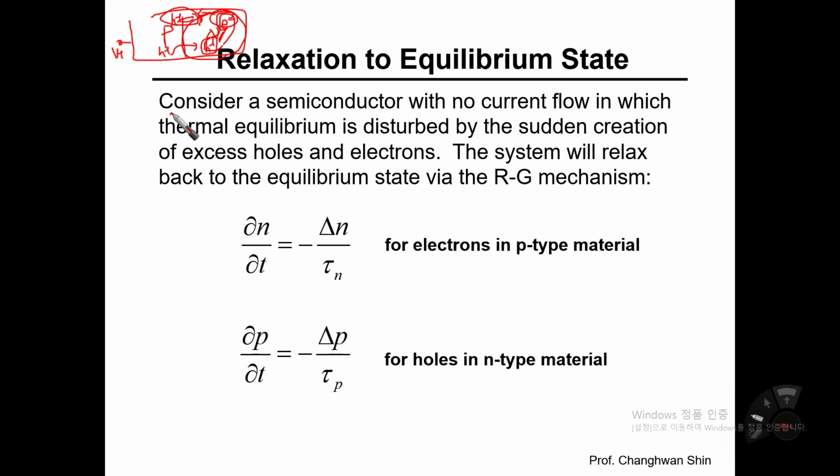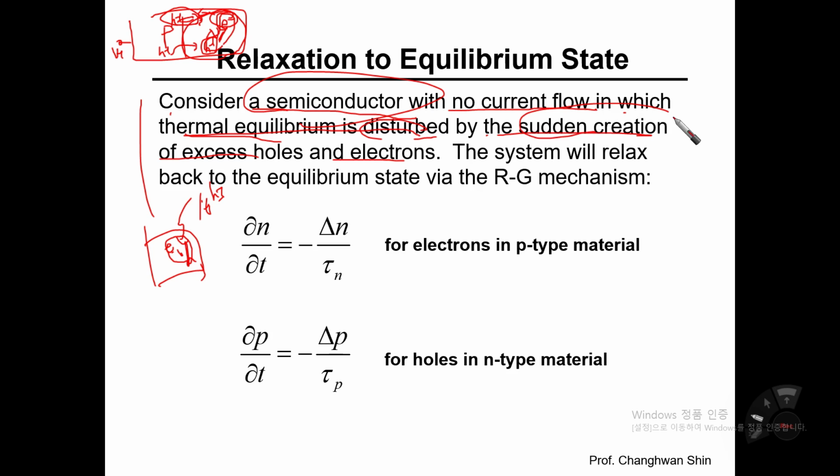Now let's take a look at some sentences here that I have brought from the textbook. Consider a semiconductor with no current flow in which thermal equilibrium is disturbed. The thermal equilibrium is no longer valid due to a sudden creation of excess holes and electrons. Maybe this silicon material, a semiconductor, receives a certain amount of light, so many electron-hole pairs are created at a certain position. Then the total numbers of electrons and holes are away from the thermal equilibrium value.